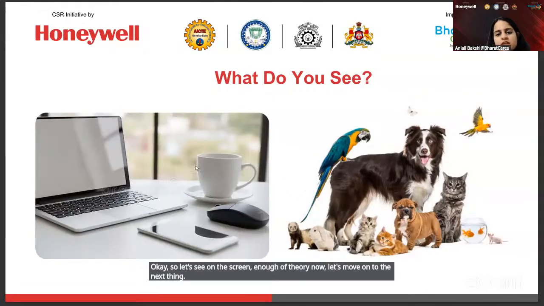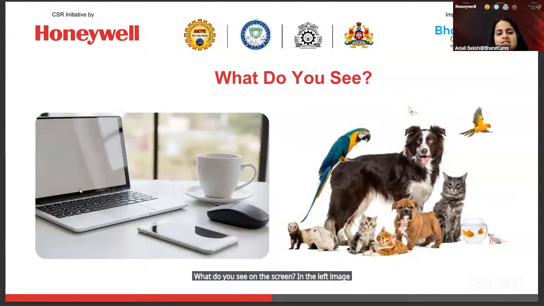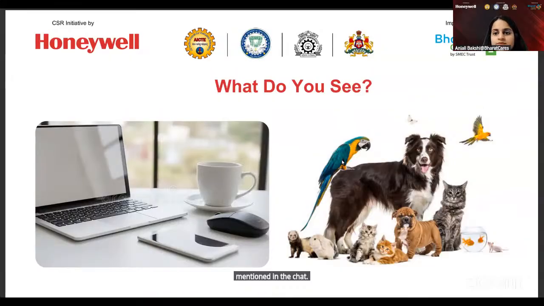What do you see on the screen in the left image? Not asking about the right image where my mouse cursor is moving. In this image, what do you see? Mention in the chat. Which objects do you see here?